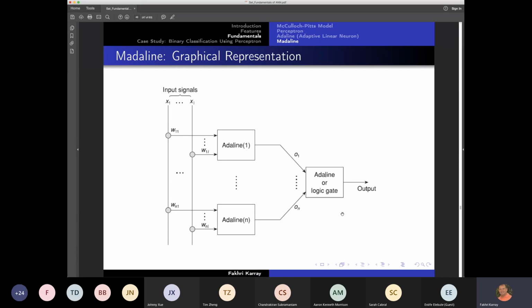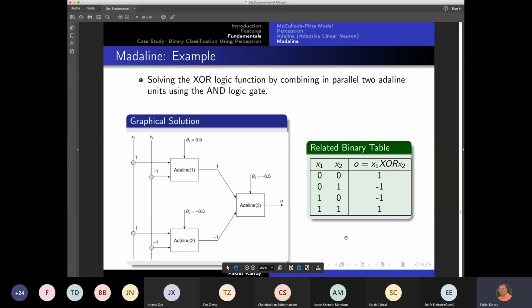But in order for us to qualify Adalines for separation of non-linearly separable space, we utilize components of representation of a system. And the best possible model that we have utilized is the exclusive OR function. So here we have the exclusive OR function.